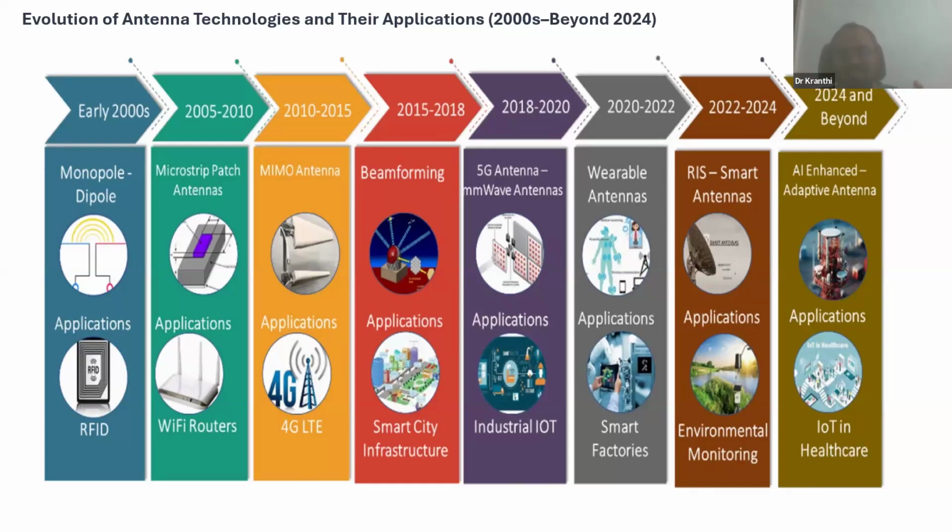Now, 2010 to 2015, to meet the demand for faster mobile data, we talk about 3G, 4G, 5G. Multiple input, multiple output antennas were developed. They allowed 3G and 4G LTE networks to deliver high-speed internet to satisfy user requirements.